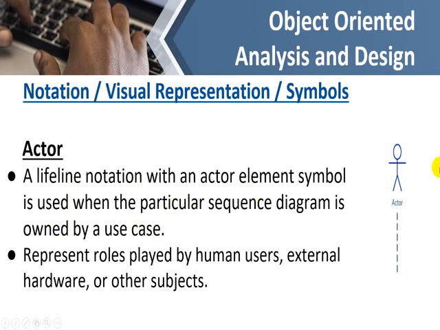In a use case, we have the actor, and we are using that use case to draw this sequence diagram, so we will show the actor as it is. Sometimes we represent the same actor for system and other objects, but normally it must be for the user.